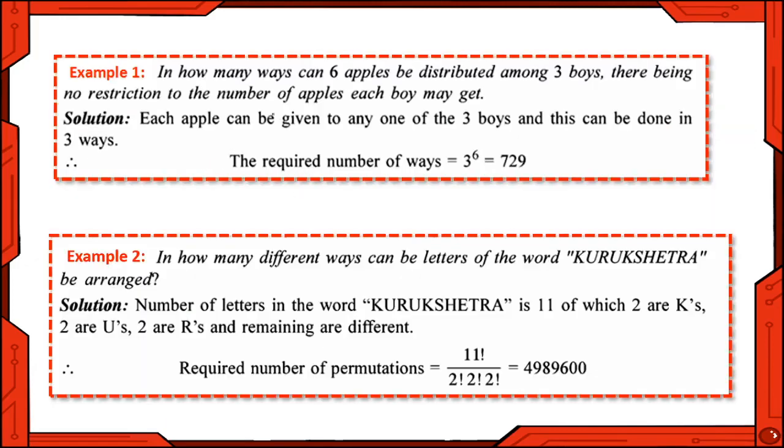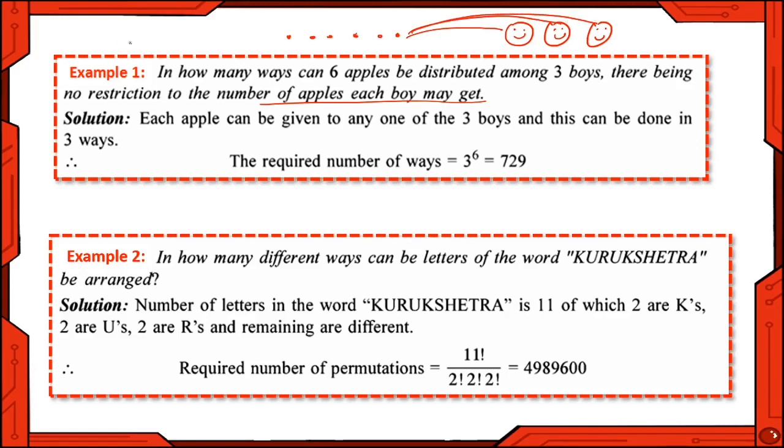Let's understand with the help of one example. In how many ways can 6 apples be distributed among 3 boys? Let's say, students, we have 3 boys and we have to distribute 6 apples, 1, 2, 3, 4, 5 and 6, there being no restriction to the number of apples each boy may get. So let's take the first apple. We can give it to the first child, the second child, or else we have the choice of the third child.